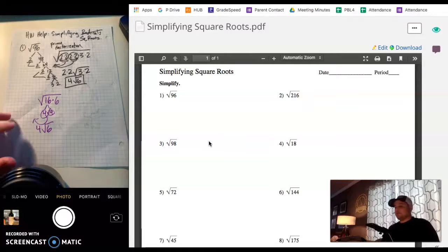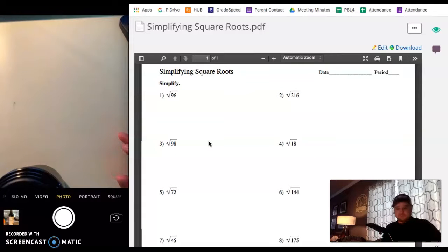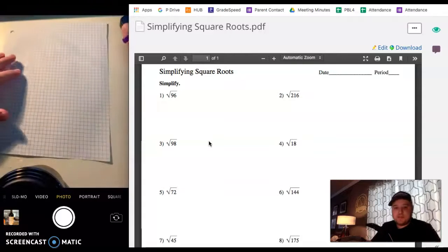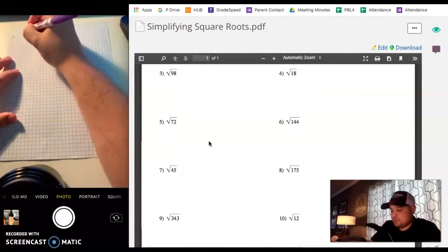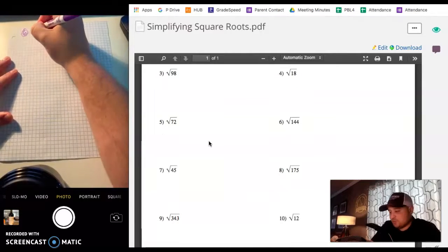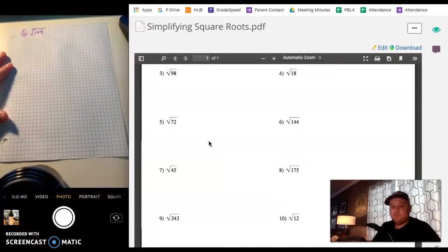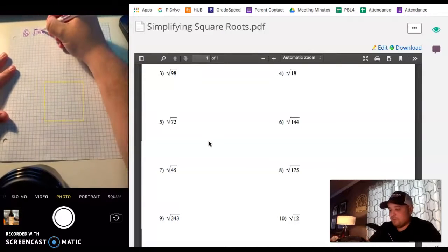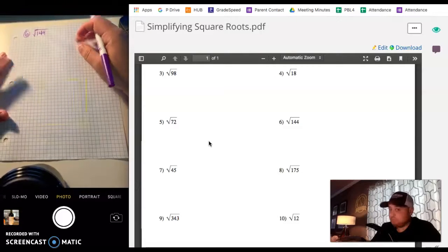All right, let's pick another question. This time let's try number 6. Number 6 is the square root of 144. Now if your alarm bells are going off and saying, I know what the square root of 144 is, that's a good thing.